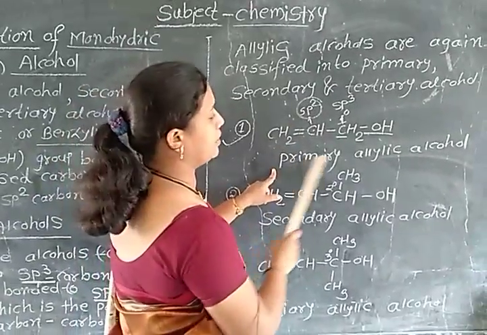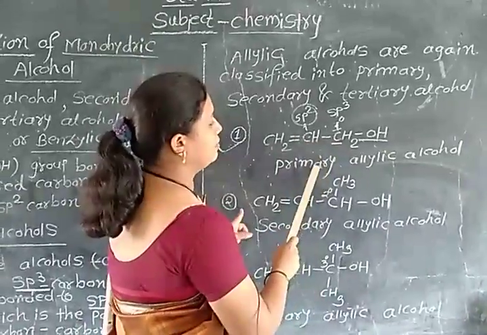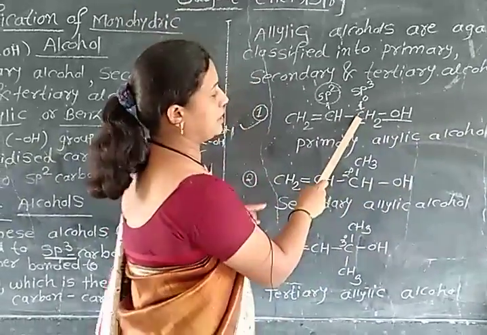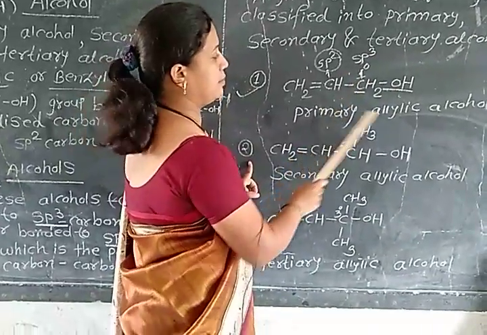Hence it is called primary allylic alcohol. This is the allylic group. The hydroxyl group is bonded to a primary carbon, hence it is primary allylic alcohol.